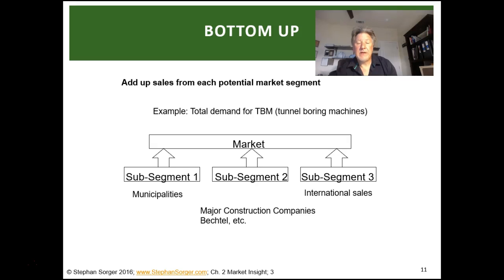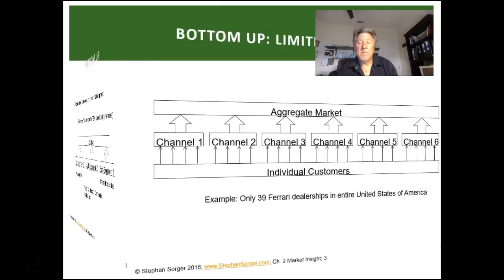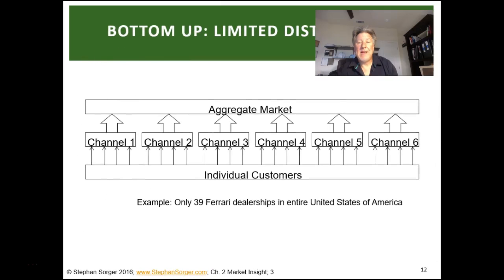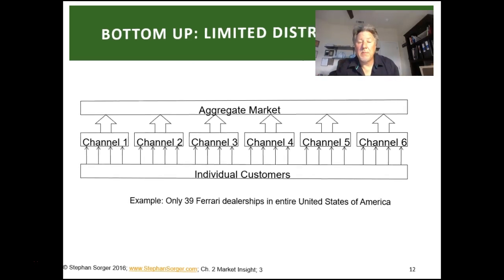So you could see subsegments of municipalities, major construction companies, and international sales being the 3 major subsegments that are there. You could also add up channels of different types of customers, especially if we have niche products such as Ferrari dealerships. And from there you can pull together or aggregate the market from the bottom up.